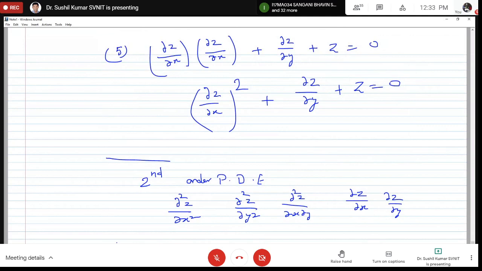What do you think? What is your idea? See, in case of a first order differential equation, we write that the derivative terms must be linear. So can we say the same thing for order 2? Derivative terms must be linear for semi-linear and quasi-linear. Speak.